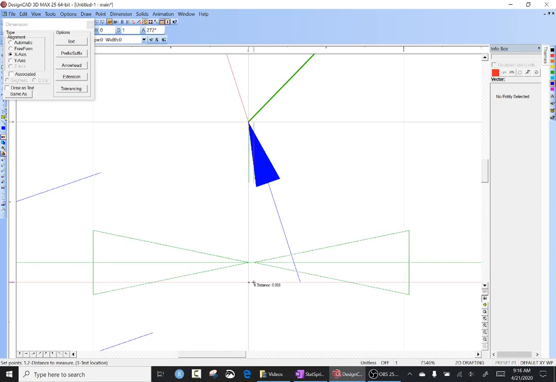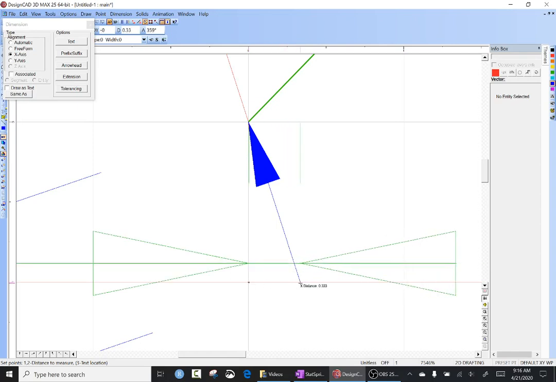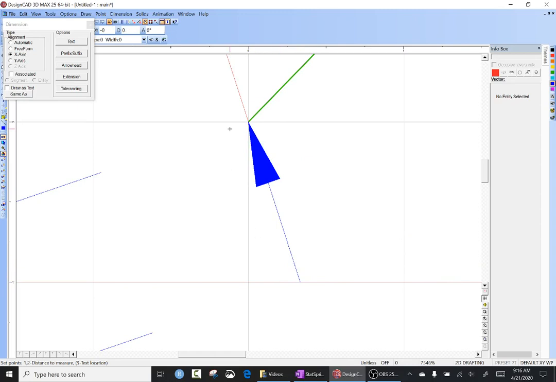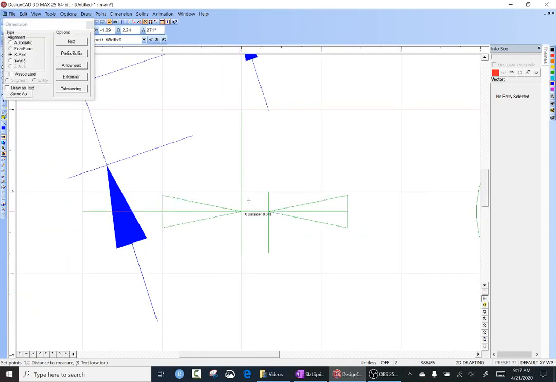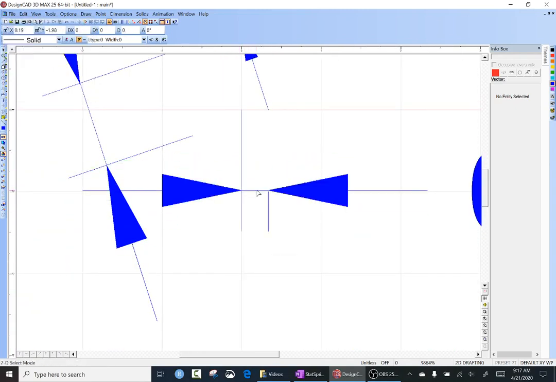I will have to approximate this one, but I don't have to. Wait a minute. I want the x. I'll tell you what, let's zoom out, and I'll put this one right there.